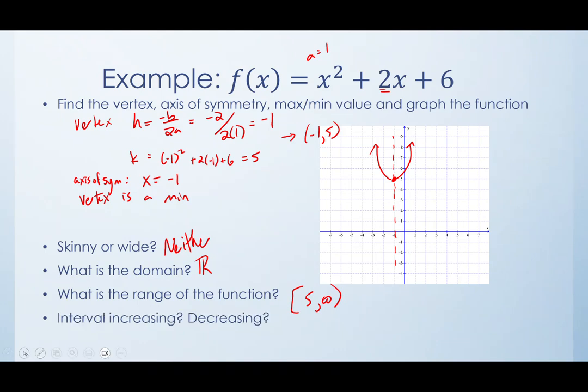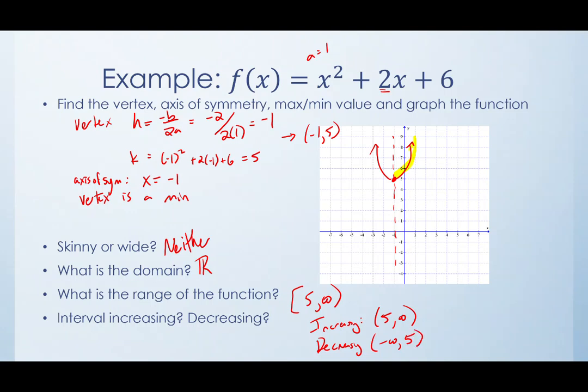Where's it increasing? Where's it decreasing? It's very repetitive here. It's increasing to the right of the vertex. So increasing, 5 to infinity, and remember 5 is not included there. Decreasing, negative infinity to 5.